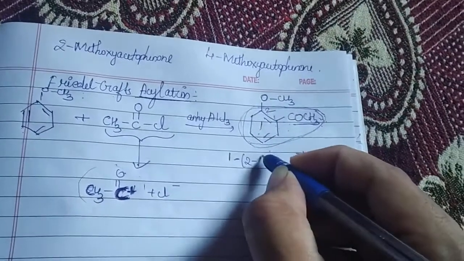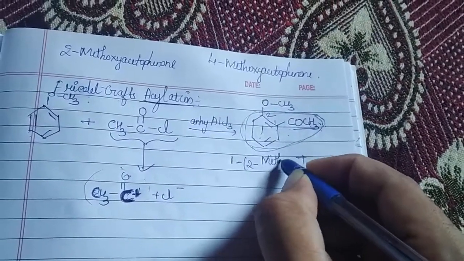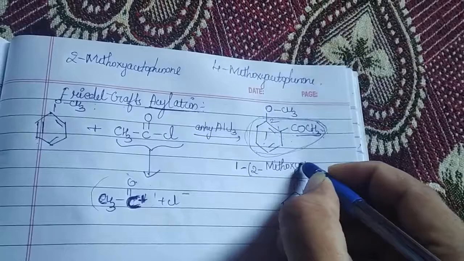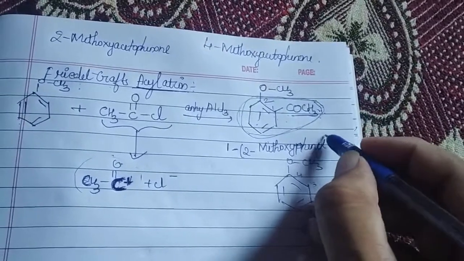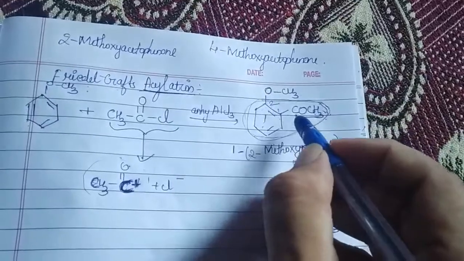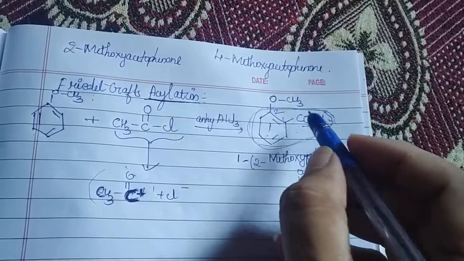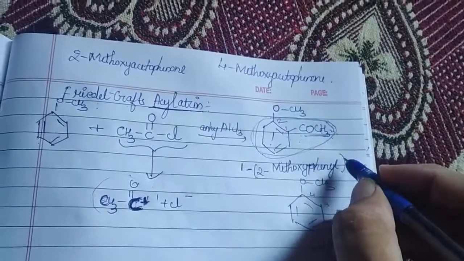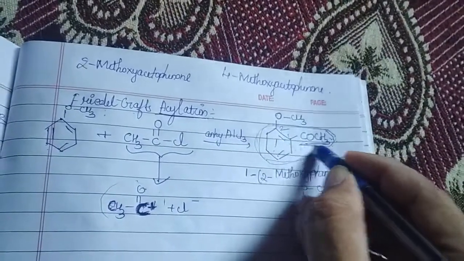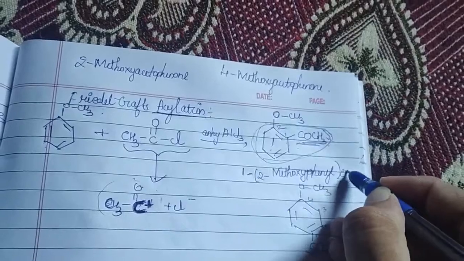Now let us deal with its IUPAC name. 1-2 methoxyphenyl. Next, what is there? I've just done 1, 2 methoxyphenyl. Okay, next this part, ethanone.